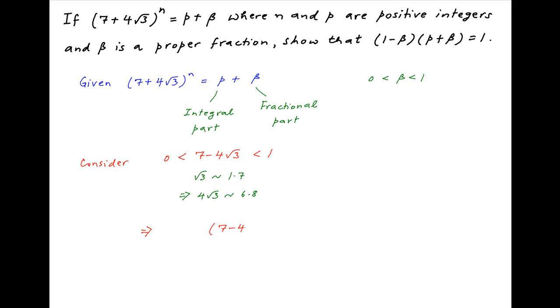Therefore, (7 − 4√3)^n, where n is an integer, is also strictly greater than 0 and strictly less than 1. Let's denote (7 − 4√3)^n by f, and therefore f lies between 0 and 1.